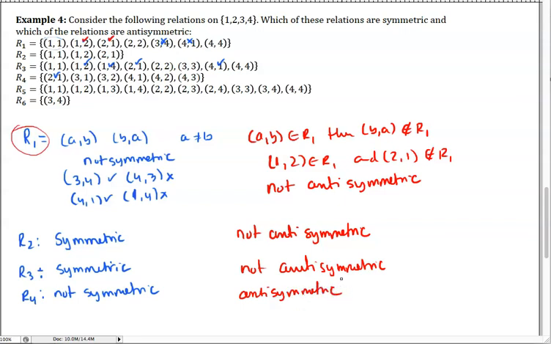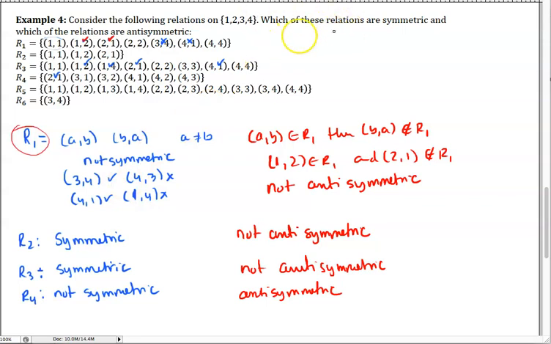Okay, and again, I'm asking you to keep in mind that symmetric and anti-symmetric are not opposites of each other. As you've seen in R1, they could be not symmetric and not anti-symmetric at the same time. And there are relations where they could be both symmetric and anti-symmetric.